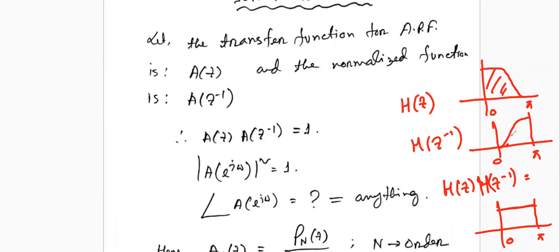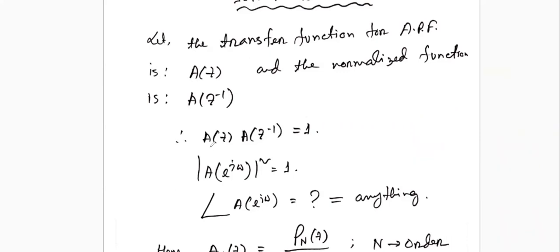In the second filter, it blocks something and passes something. Whenever you multiply these two together, definitely it will pass everything. This is known as the inverse filter. Whenever you multiply your filter transfer function with the inverse filter transfer function, of course, the output should be 1. That is the definition of the inverse filter.